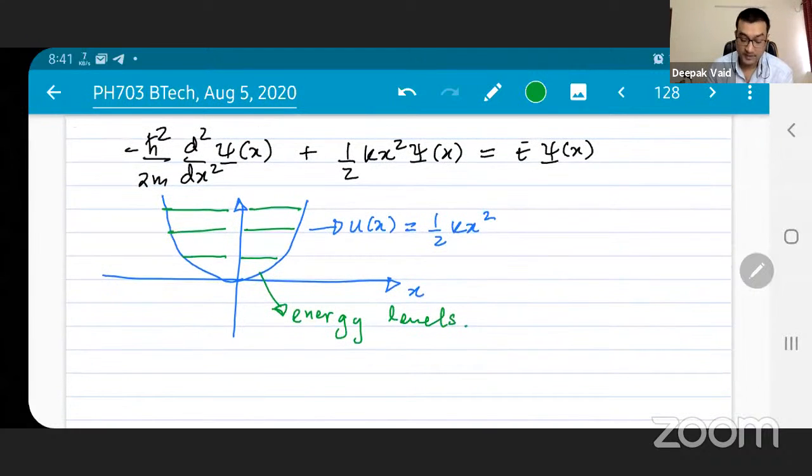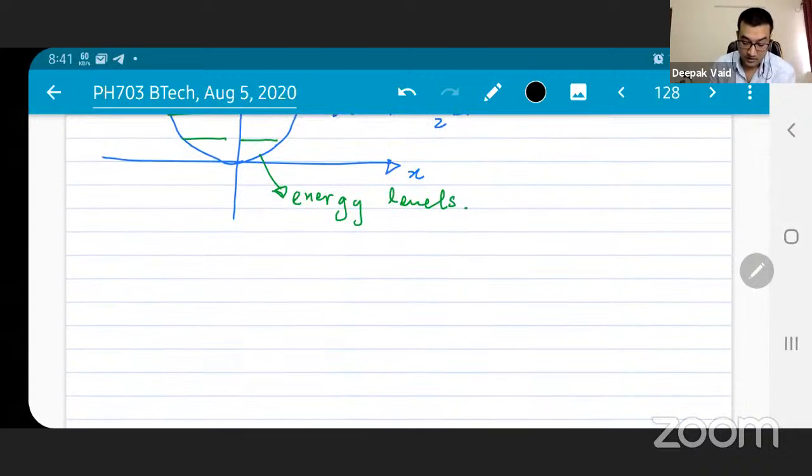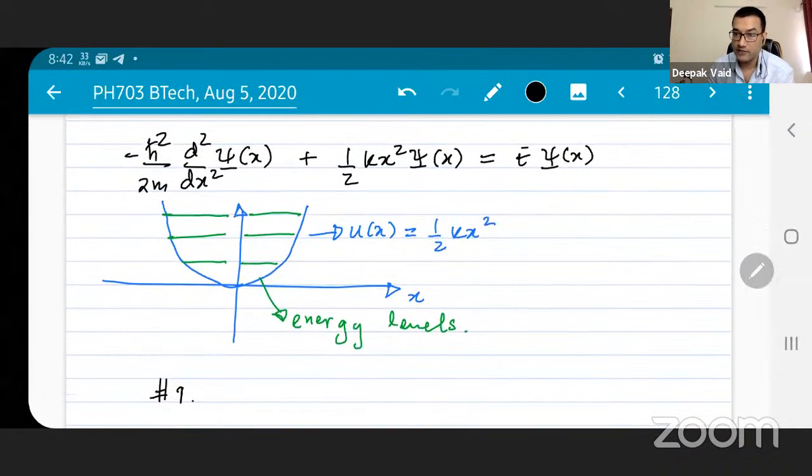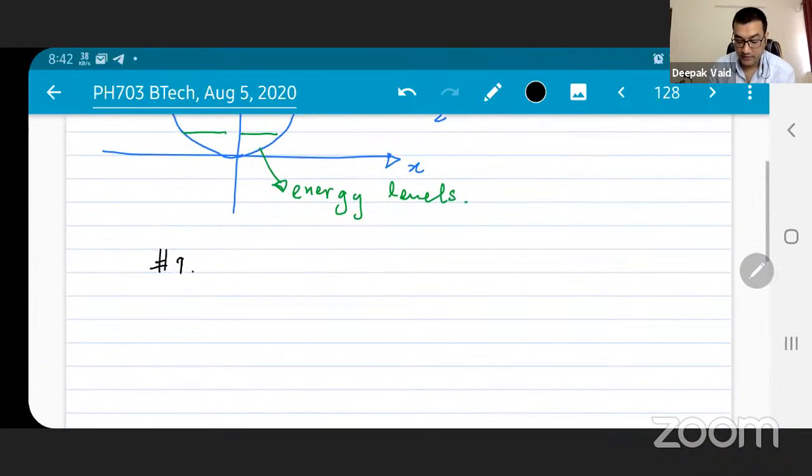So now we have to solve this equation. There are probably many ways to solve it, but two ways that I know of. One way is to just look at this as a differential equation. This is an ordinary differential equation, which looks like this.